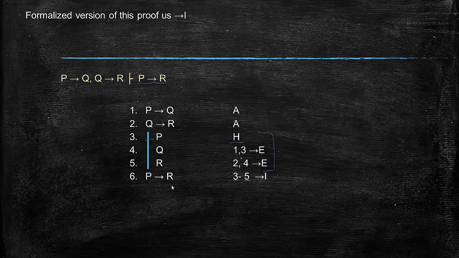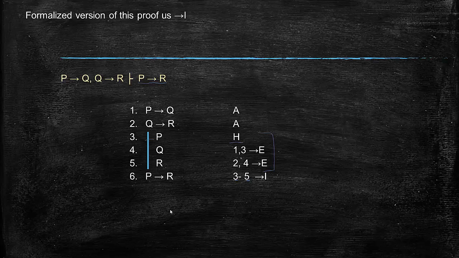And now, if this proof were to go on further, this blue line would tell us that we are no longer allowed to use these propositions behind the blue line. It's essentially a little jail for those propositions. Okay, so that's our first complete conditional introduction proof.